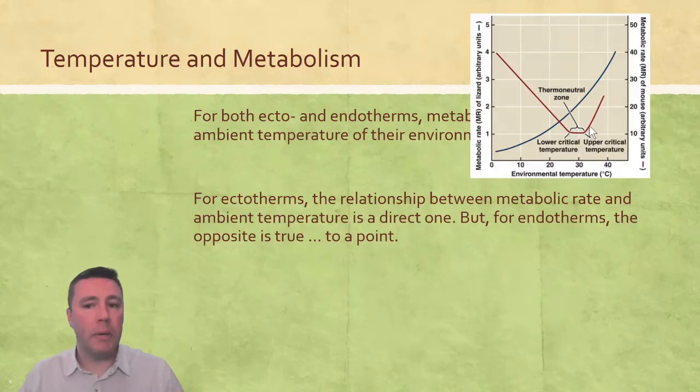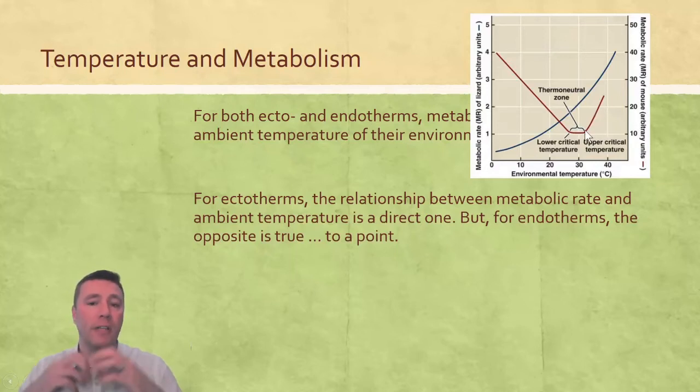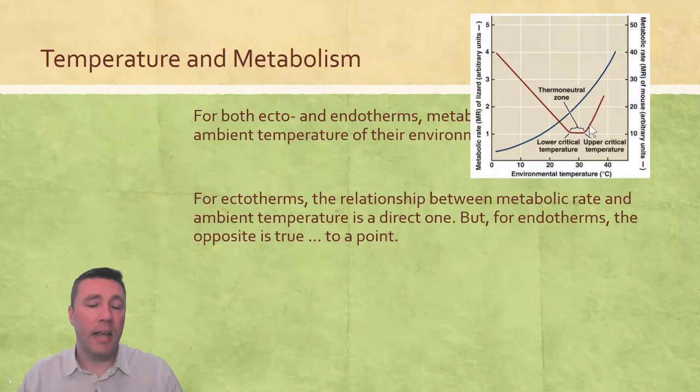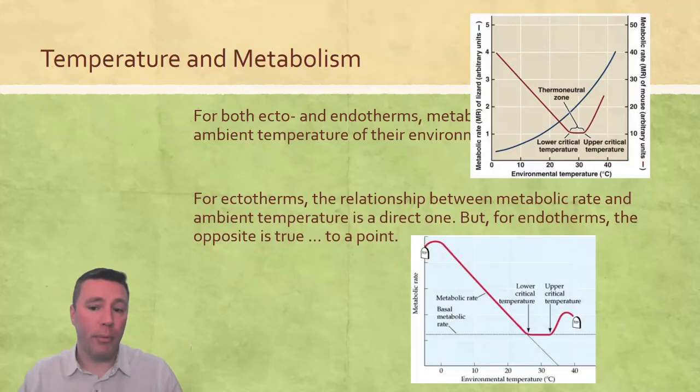If, however, we go beyond that thermal neutral zone, then things like sweating and panting and vasodilation to lose heat to the environment faster simply aren't working anymore, and environmental temperature causes body temperature to start to rise. We refer to that as hyperthermia. And if allowed to progress, that hyperthermia can lead to the death of the organism.